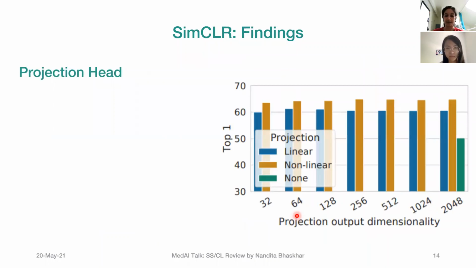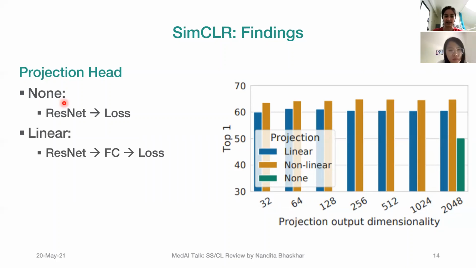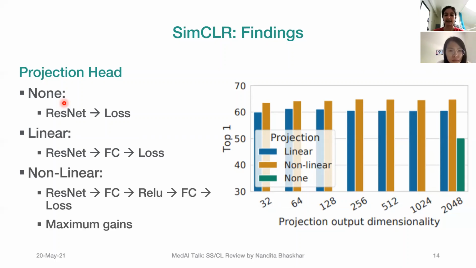As I was talking about before, the projection head is also something that was introduced by SimCLR that actually boosted performance. So right after the representations from the encoder, they tried 3 variations. One is they directly feed the representations to the loss. The second is they pass it to a linear layer and then pass it to a loss. And the third is they pass it to a 2-layer non-linear module with a ReLU function. And they found that this non-linear module actually gives better gains.